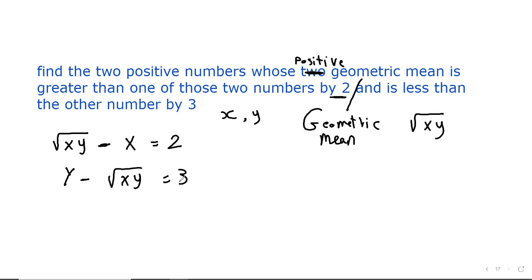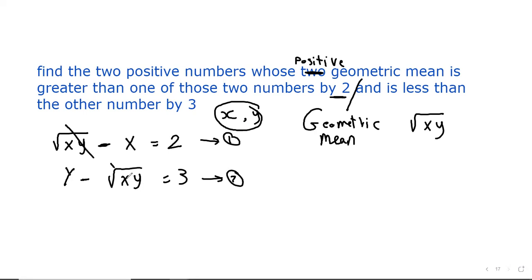Okay. So I assume the two numbers x and y, and the geometric mean is greater than one of them by 2. So the square root of xy minus x equals 2, and the geometric mean is less than the other number by 3. So y minus the square root of xy equals 3. Add the two equations, equation 1 and equation 2.